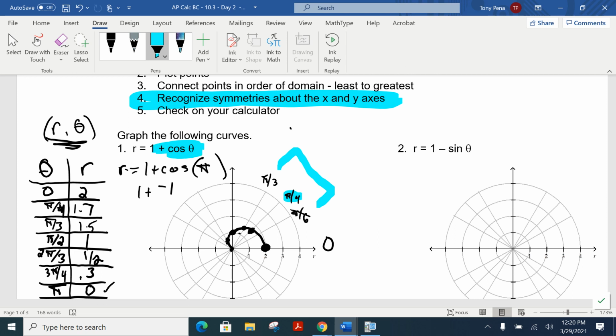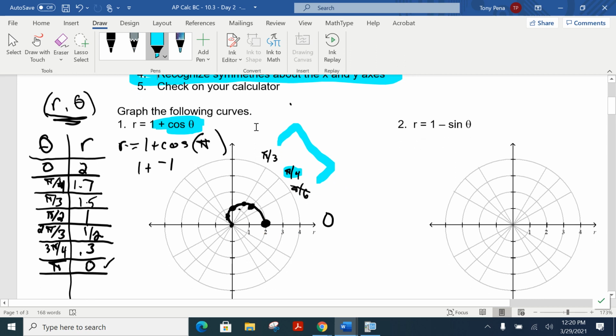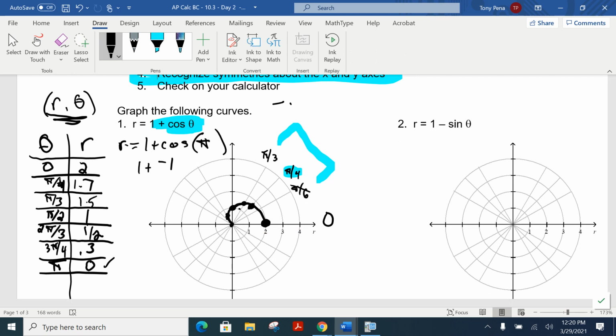When we look at the cosine, if we're dealing with only a cosine polar graph, what you want to understand is we are symmetric to the x-axis. And the reason we want to know that is that it cuts our work in half, because otherwise we're going to have to do all the third quadrant angles and all the fourth quadrant angles down here to get this graph.